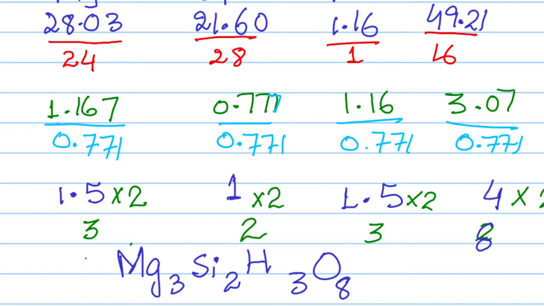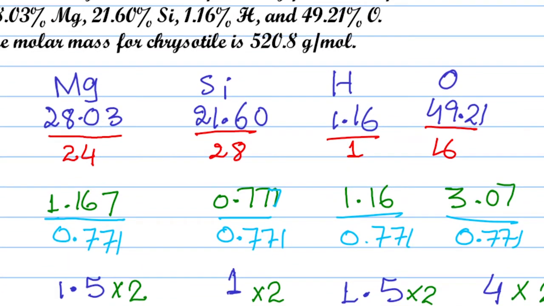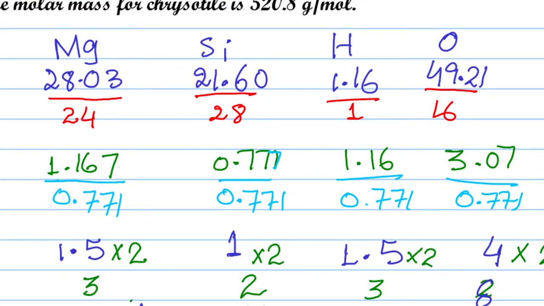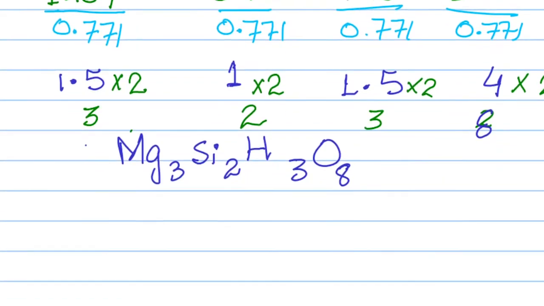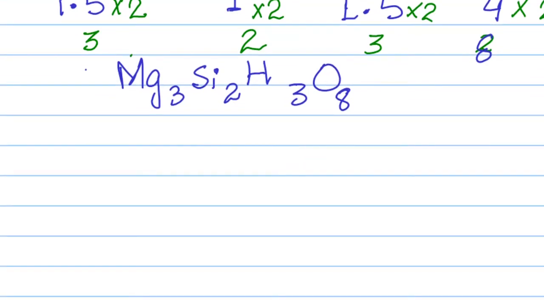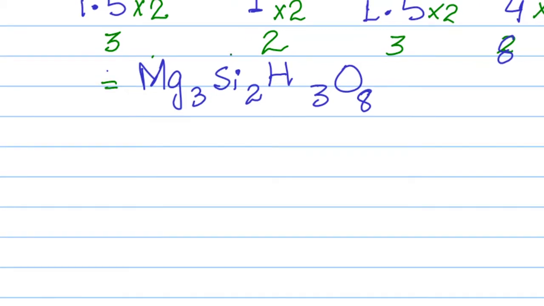But here we have another value in this question, that is the molar mass of this compound, 520.8 gram per mole. So the next step is how we calculate the molecular formula. In order to calculate the molecular formula, we must know the mass of the empirical formula.